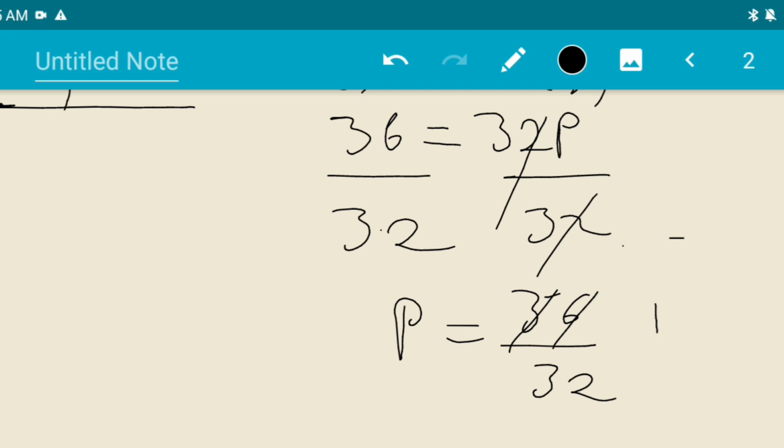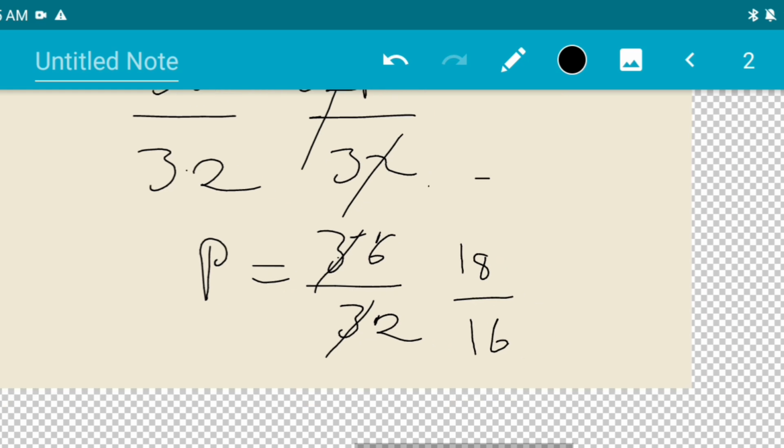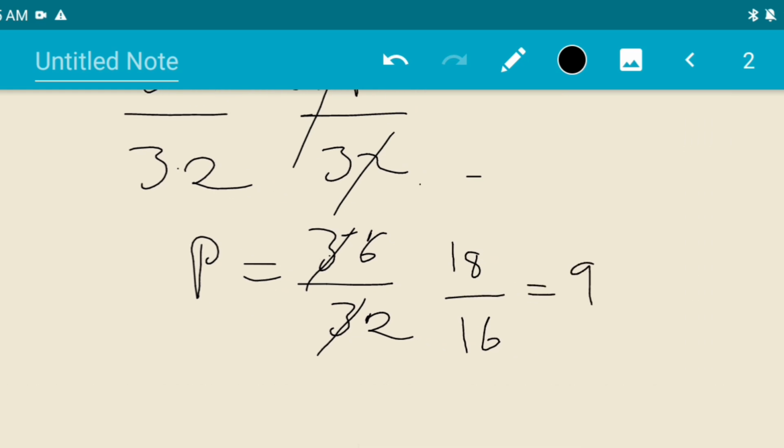Dividing 36 and 32 both by 4, this here will be 9 over 8.